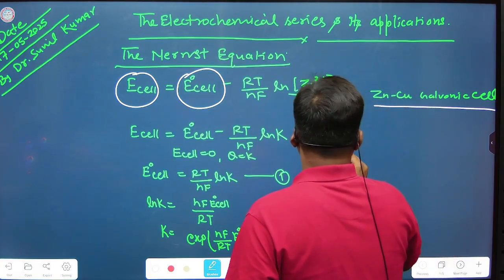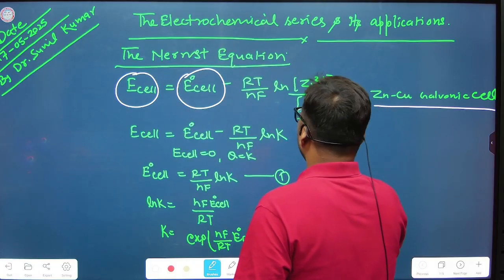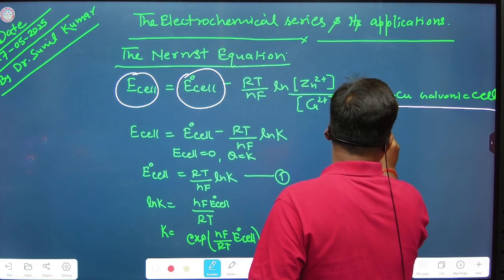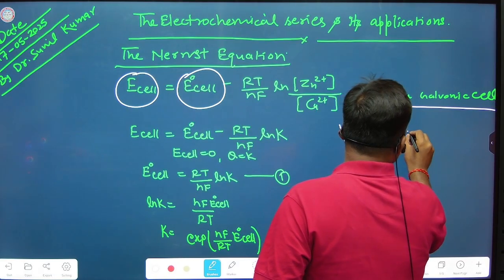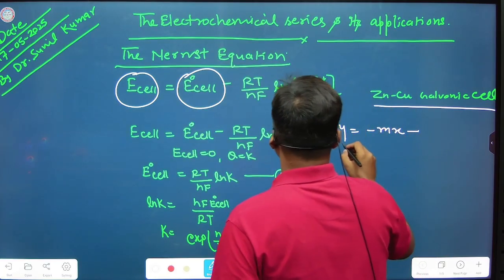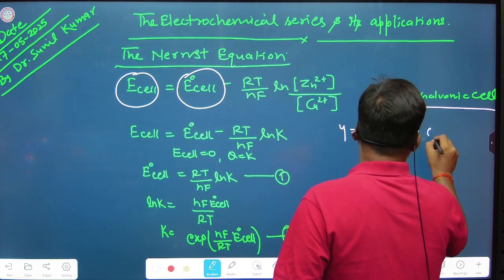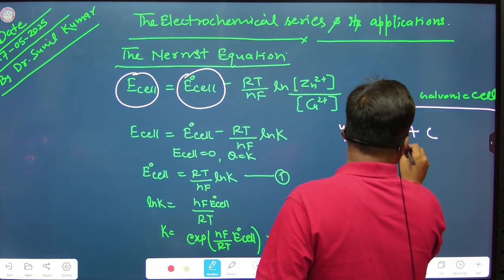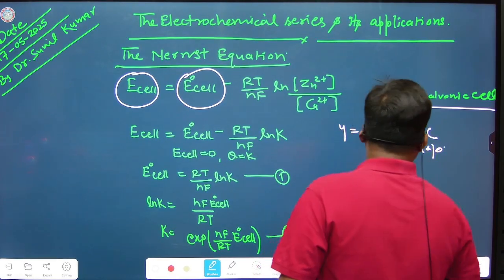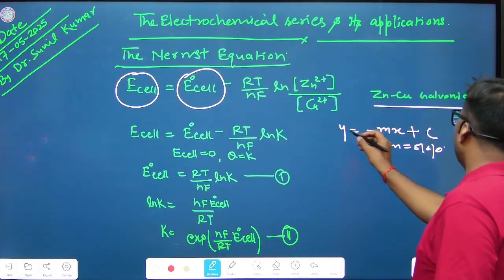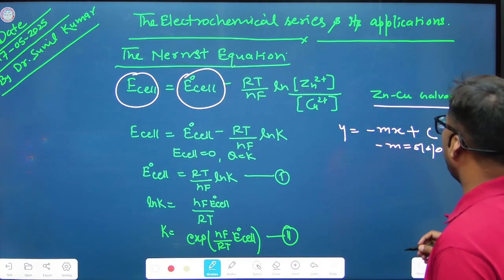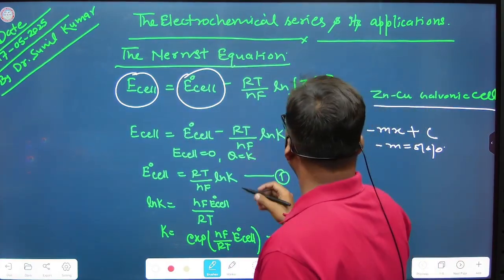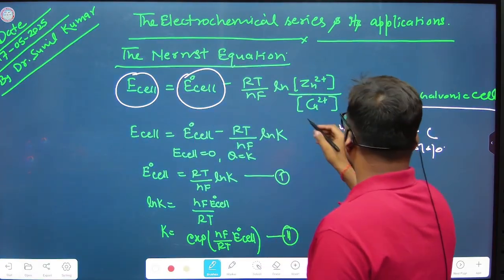Suppose this is expressed as y equals minus mx plus c, where minus m is the slope, and this is the equation of a linear line.